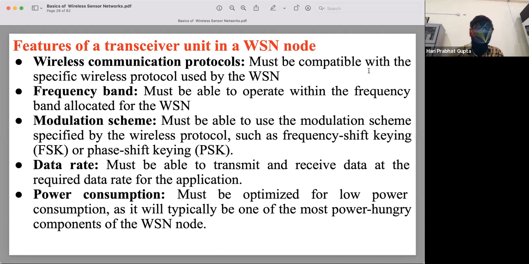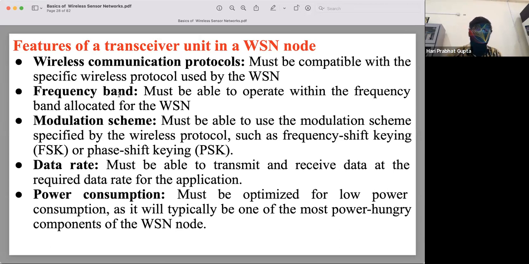If your other nodes support Bluetooth, then definitely you need to use a Bluetooth-enabled unit. Otherwise, how can you communicate this information to the other nodes? So the communication protocol is fixed with respect to the unit, and you need to check that this unit supports the protocol your other nodes already use.